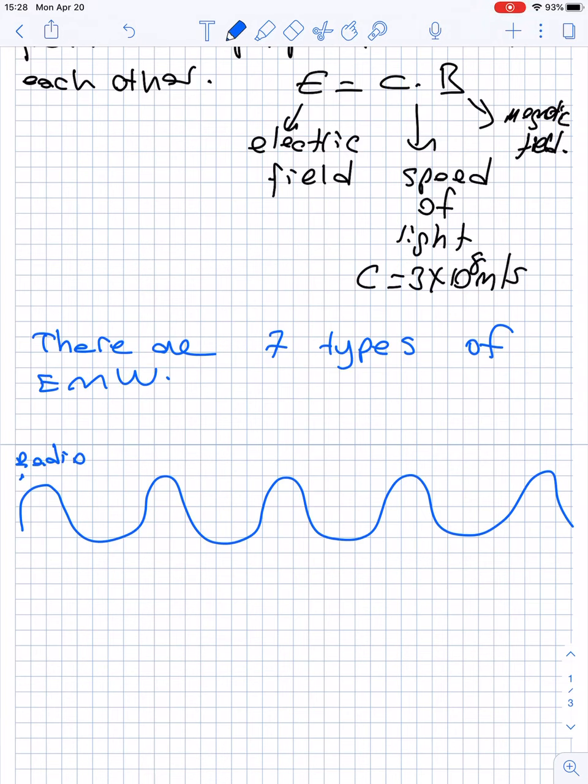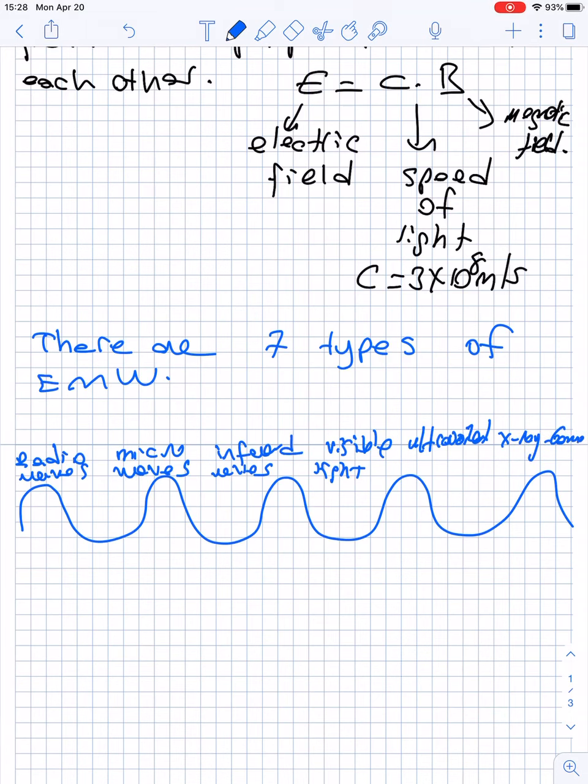Firstly, I'm starting from radio waves. Then continue microwaves, infrared waves, visible light, ultraviolet, and X-ray, and finally gamma rays.